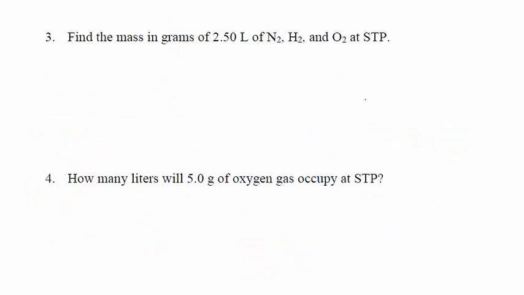Find the mass in grams of 2.50 liters of oxygen or any of these gases. I'm going to do one of these. Let's do nitrogen at STP. So I have 2.50 liters times 1 mole per 22.4 liters times the molar mass of the gas, which is 28, close enough, 28.01.